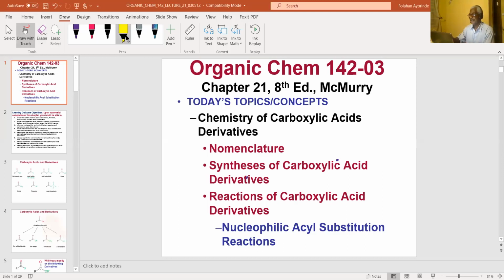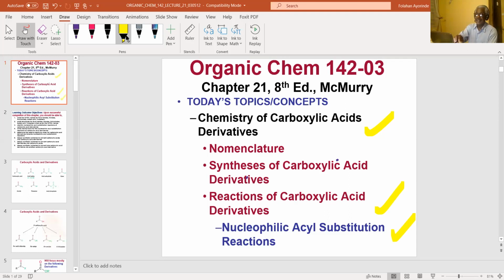Of course, the topic is chemistry of carboxylic acid and derivatives. And the last topic to be covered in this chapter will be reactions of carboxylic acid and derivatives, with particular emphasis on nucleophilic acyl substitution reactions. So the student will know this.